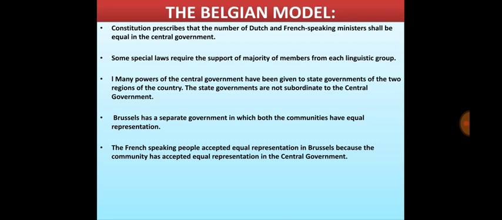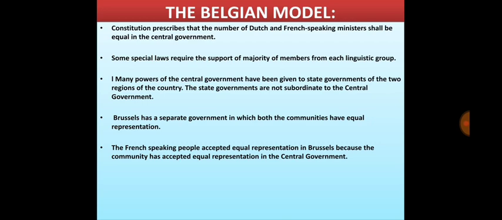Means here, French speakers are in majority in the capital. So they accommodated that provision, equal representation of the Dutch community, just as the French accepted it in the central government.